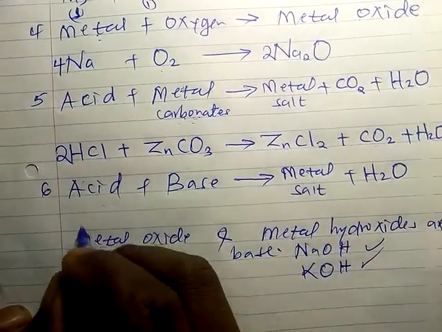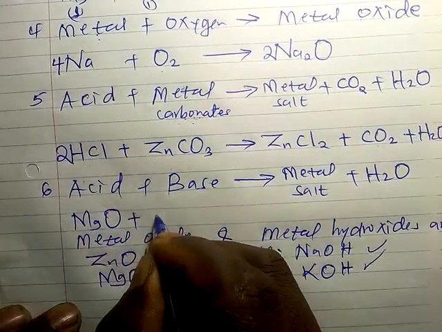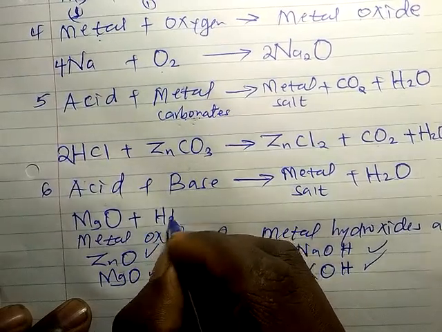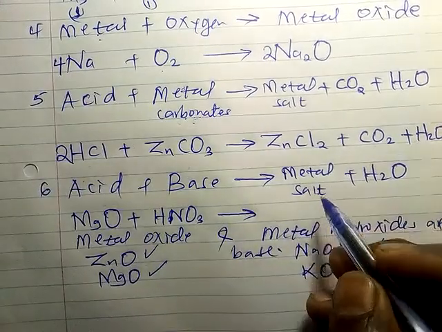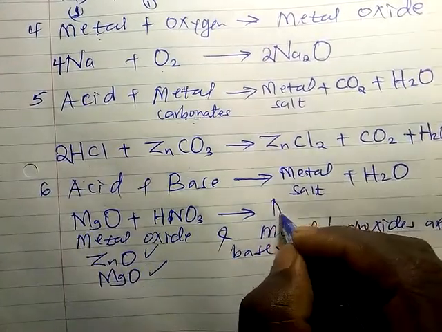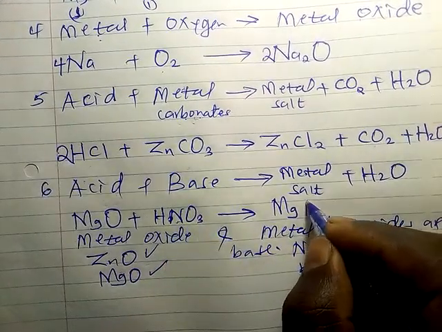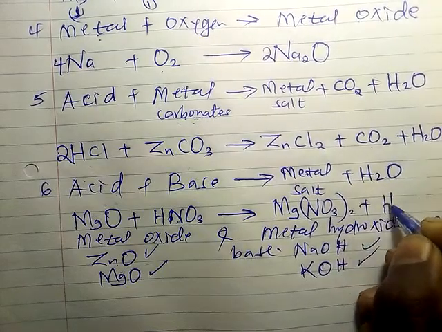For example, magnesium oxide plus nitric acid, nitric acid is HNO3. It forms the metal salt. The metal is magnesium, you write magnesium. The salt comes from the nitric acid, so magnesium nitrate plus water.